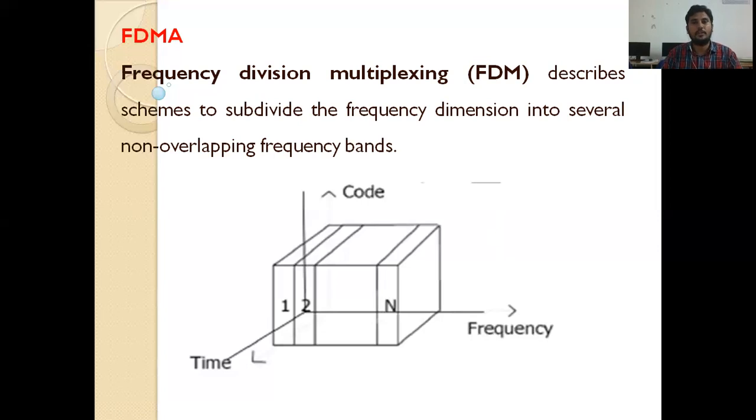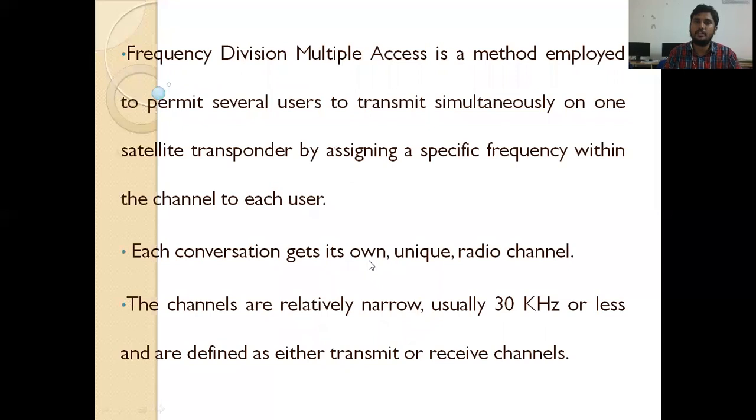So coming to FDMA, here the frequency is divided into n number of parts. So this is the subdivision of the frequency dimension into several non-overlapping frequency bands. Frequency division multiple access is a method employed to permit several users to transmit simultaneously.